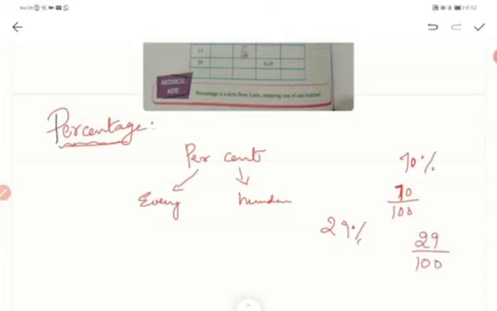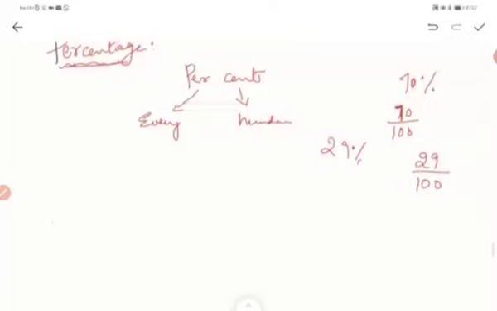See, I have a number. If I take a number, some 29, in terms of percentage I will represent it as 29%. In fraction it will be 29 by 100.